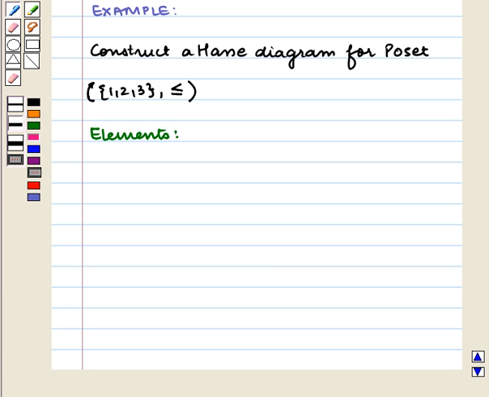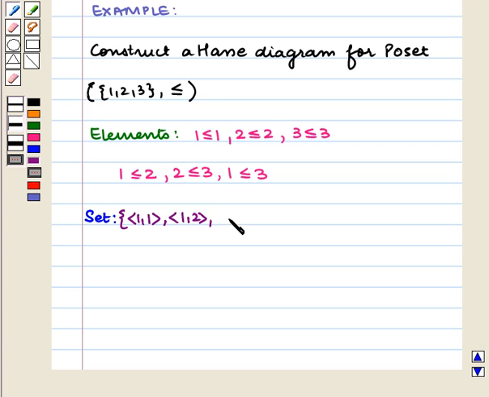So here the elements of the poset will be (1,1), (2,2), (3,3), then (1,2), (2,3), and (1,3).